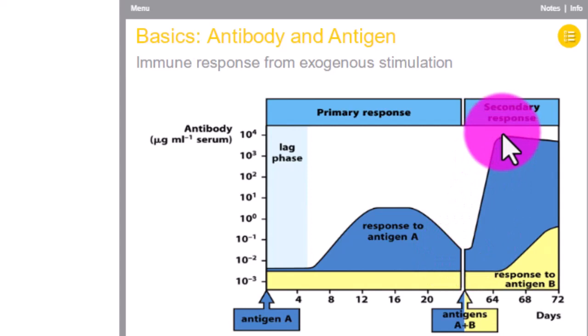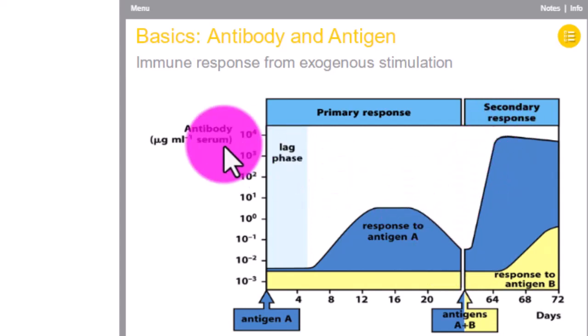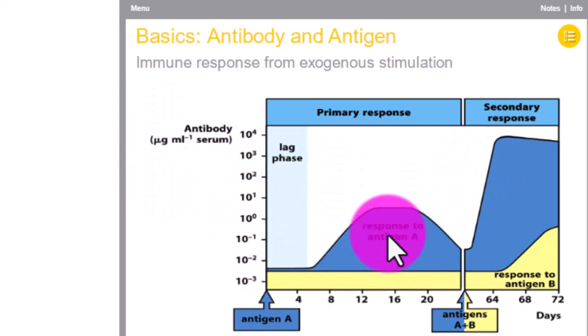Here we find the difference between the antibody titer here and there. Also, if the body is exposed to antigen B, the response also differs between the primary and secondary response.